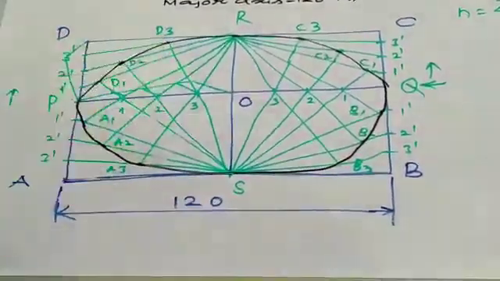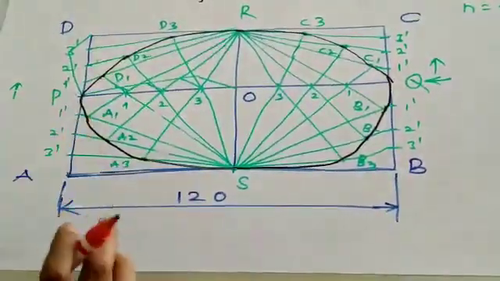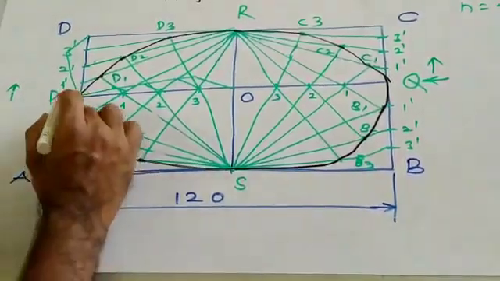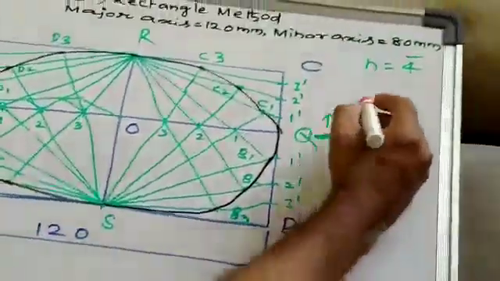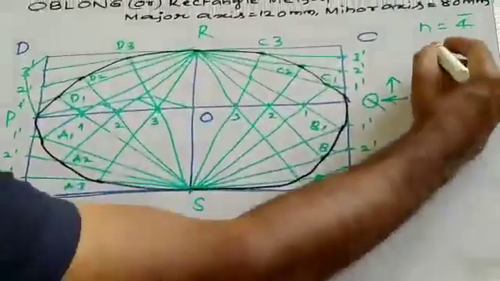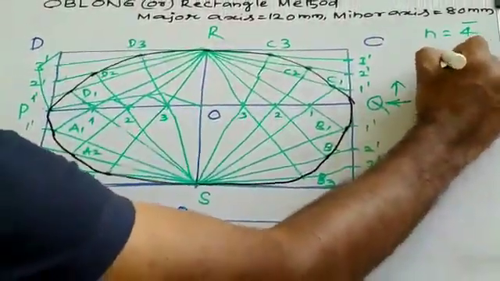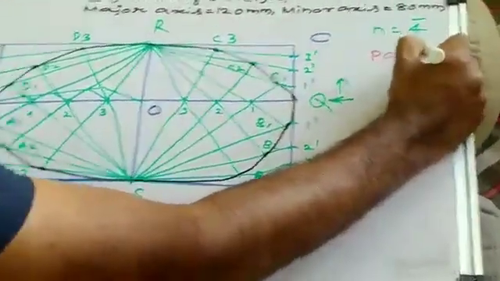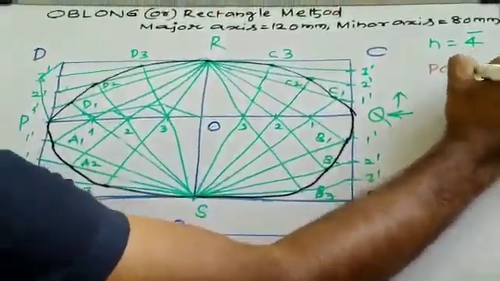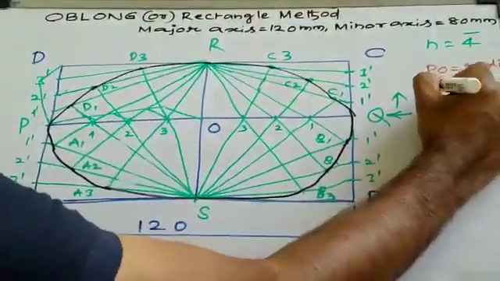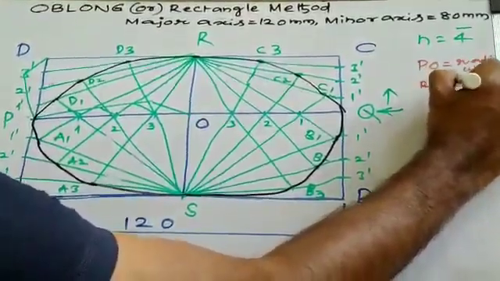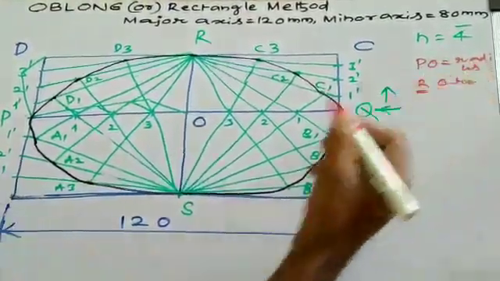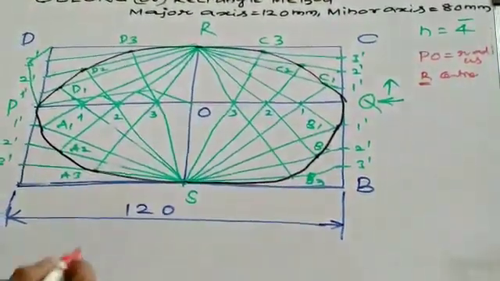Before going to draw the tangent and normal, you have to locate its foci. Half of the major axis is the radius. PO is radius. And R is a center. Minor axis end is a center.